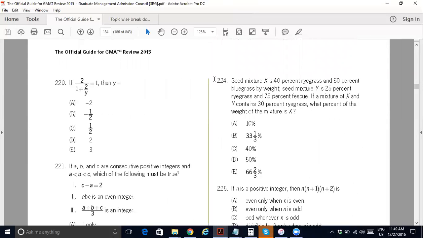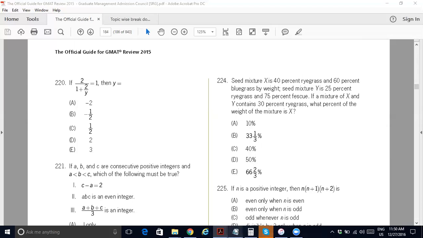Can you try question number 224? That's interesting. So you have 40 and 60 for CDEX. Is it not possible to make two alligation charts?